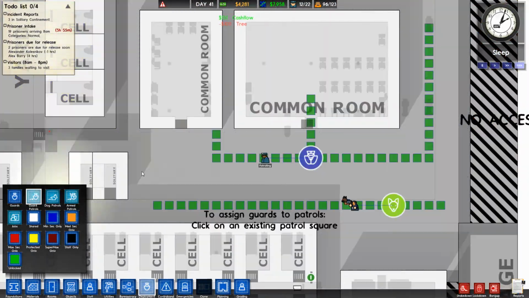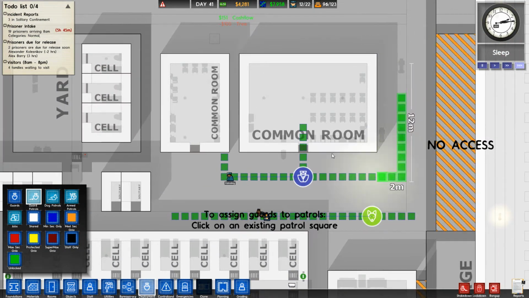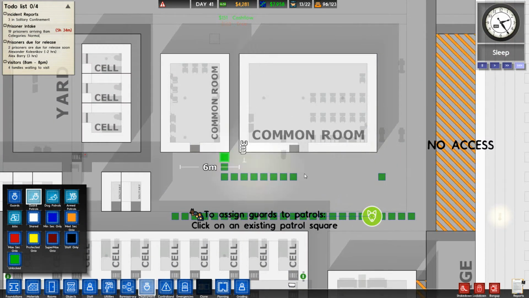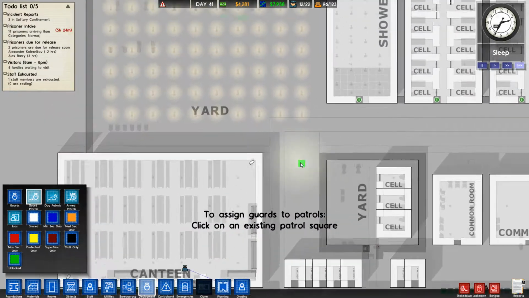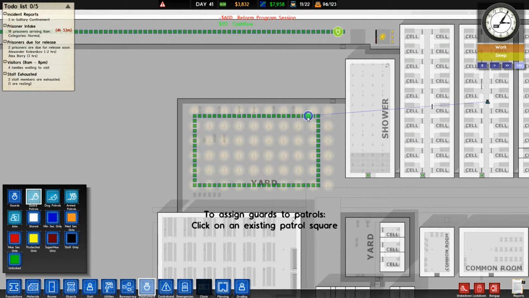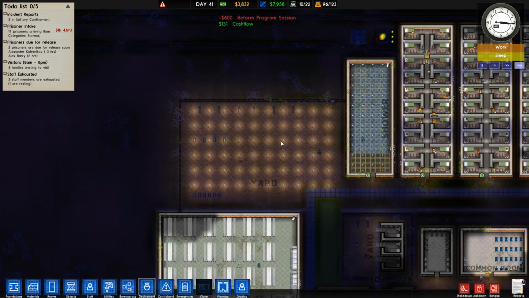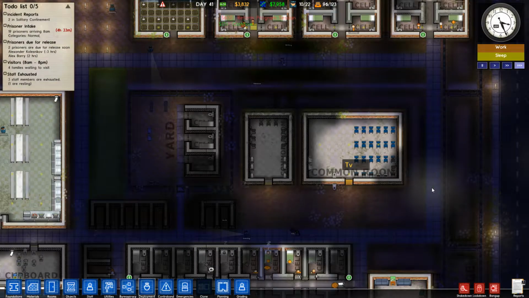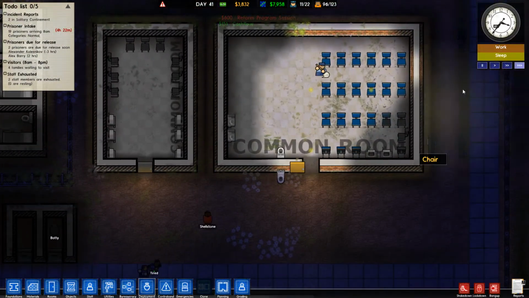Now there's a guard patrol here, but I don't need him here anymore. I can just assign him to a different area, such as my new yard. I'm going to assign 2 guards to that, just because there's usually a ton of prisoners in the yard.